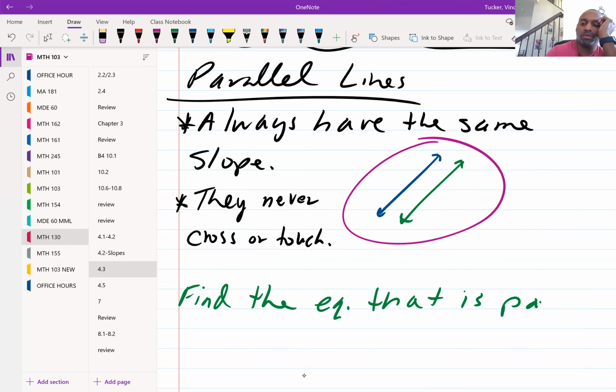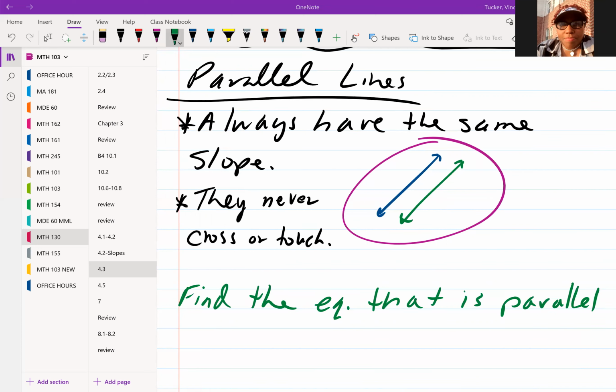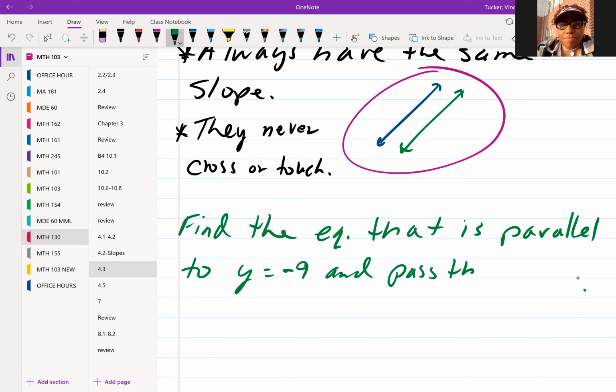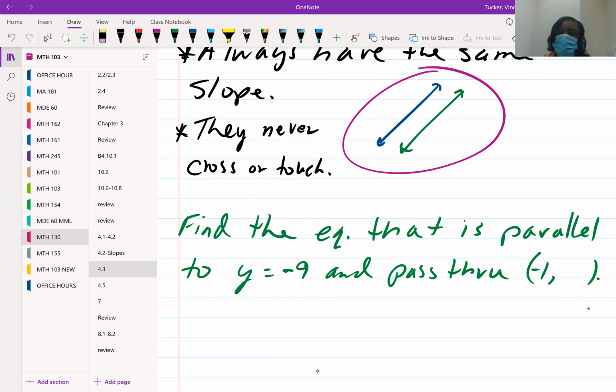What's that word over there in the corner?